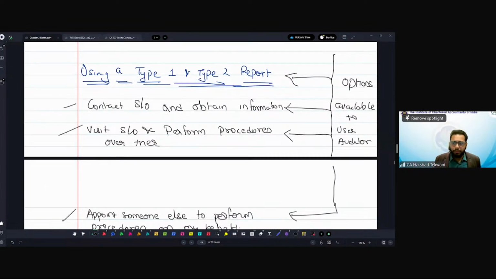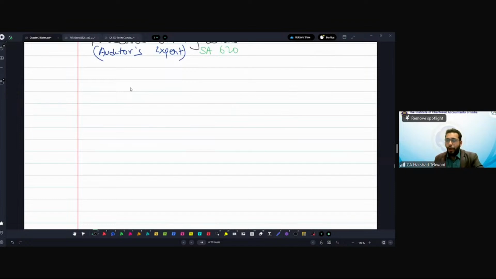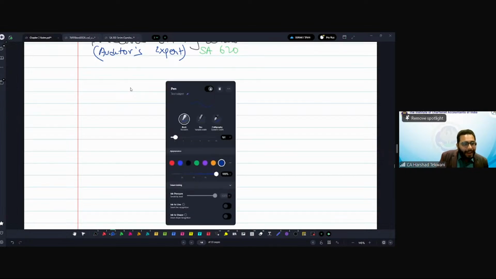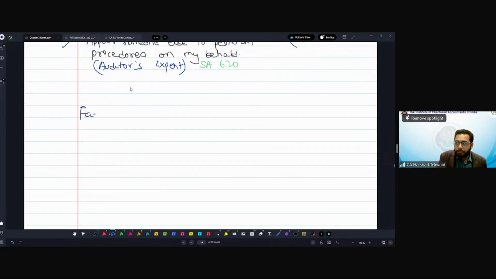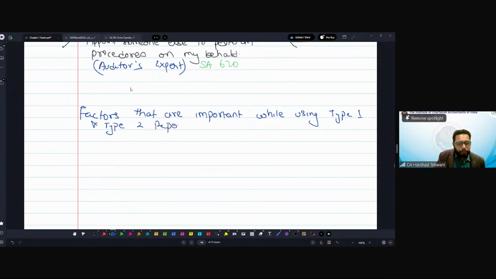When the only option available is using the type 1, type 2 report, in that case we need to understand the factors that are important while using type 1 and type 2 report. So we need to understand those factors.